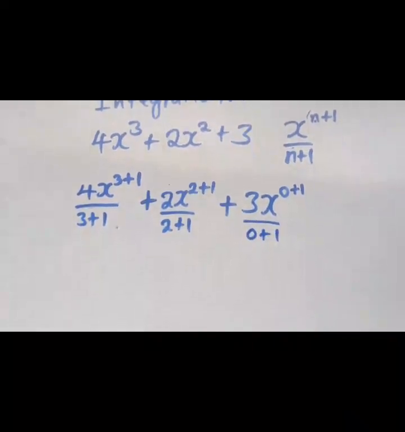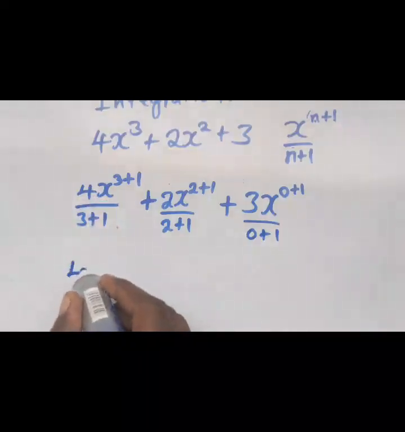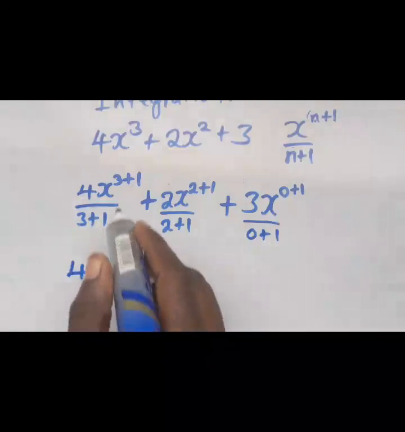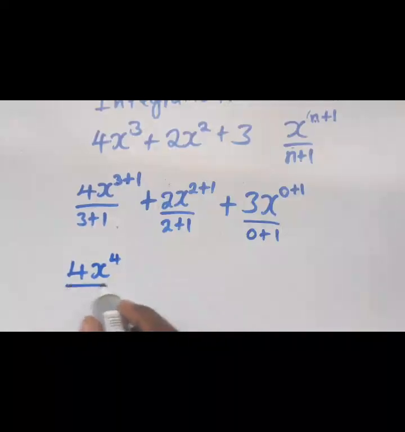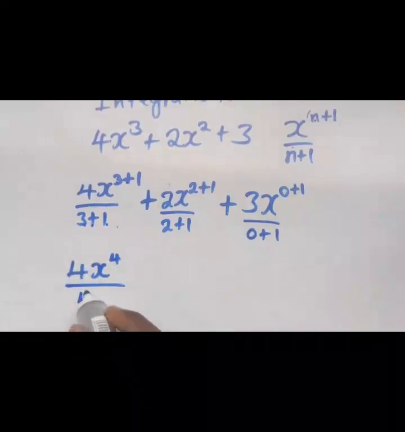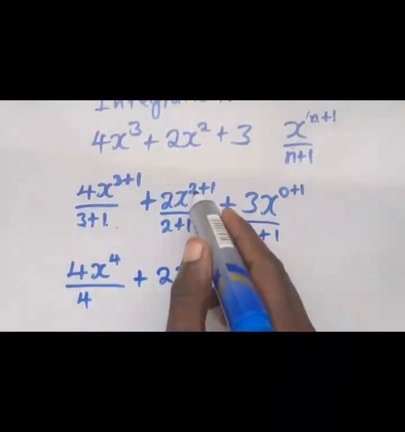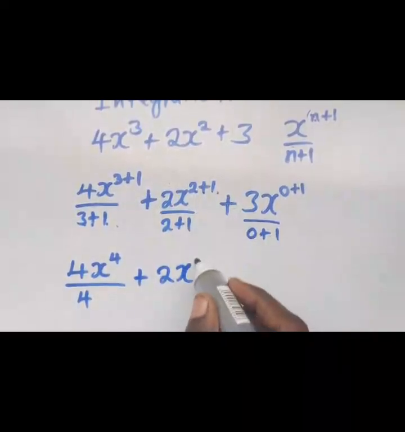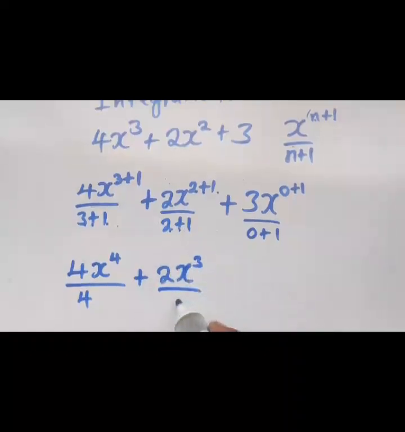Have you seen how simple it is? Then from here just copy what you have there. We say 4x to the power 3 plus 1. 3 plus 1, you're going to have a 4. Then down here 3 plus 1, you're going to have a 4 down there. Then plus 2x, you add 2 plus 1 to the power, you're going to have a 3. Down here 2 plus 1, you're going to have a 3.